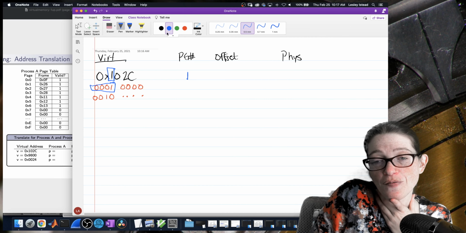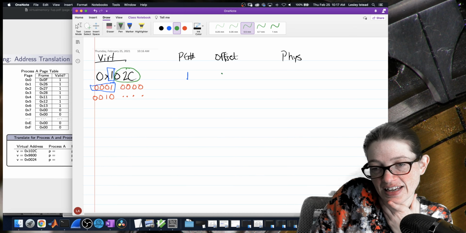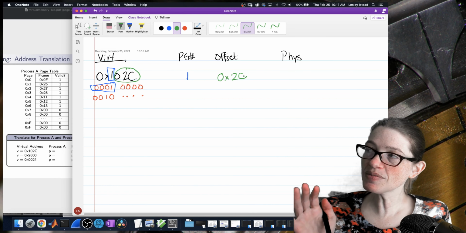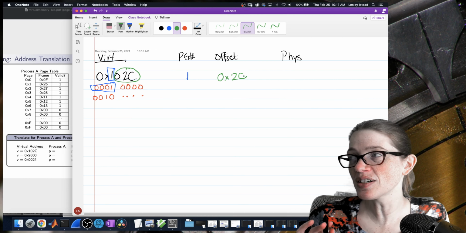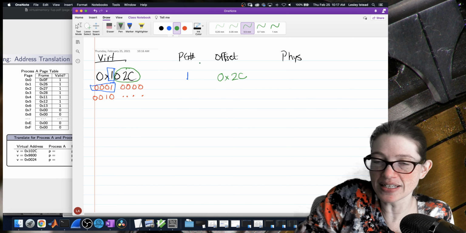And then our offset is the remainder, the remaining 12 bits. So my offset is 02C. Now, we sometimes drop the leading zeros. Remember that even if we drop the leading zeros, that means they're still there. We've just dropped them for the sake of laziness.